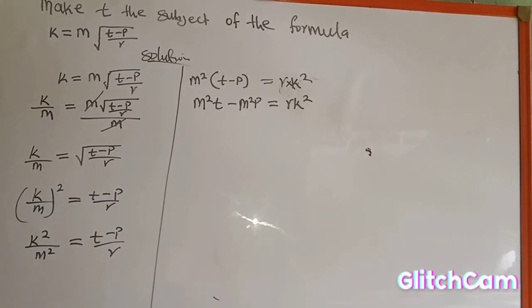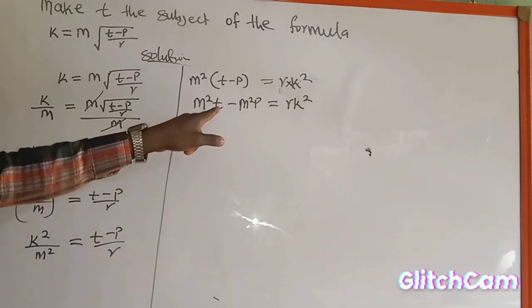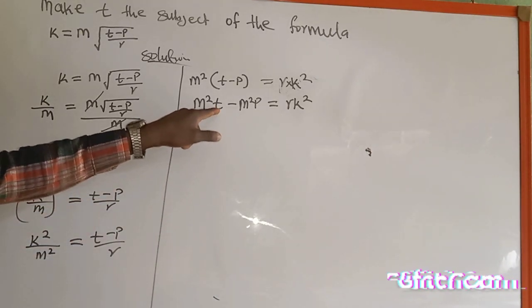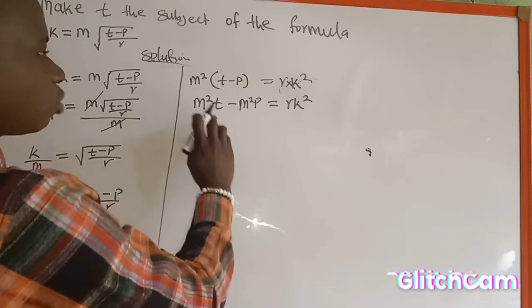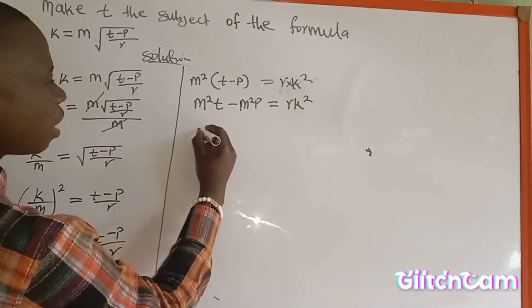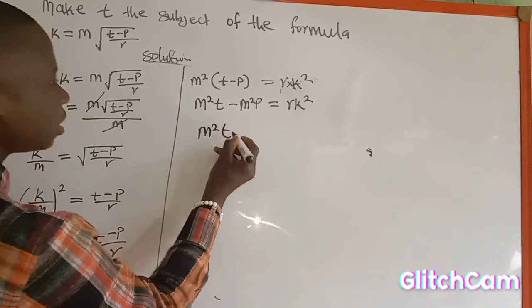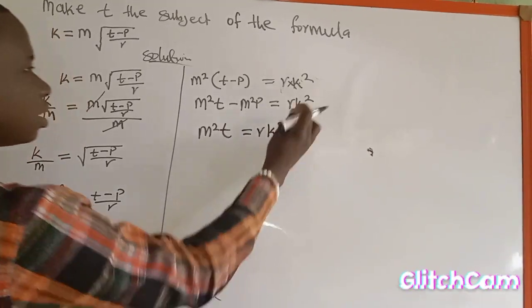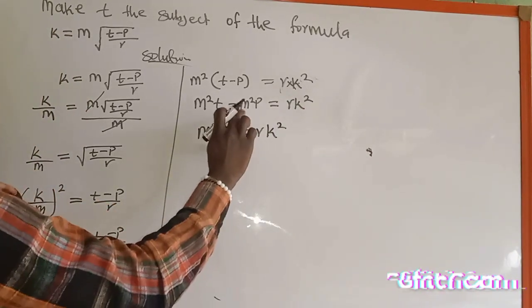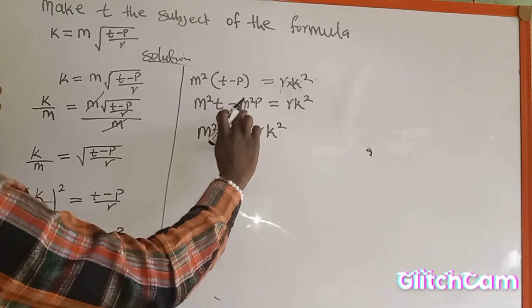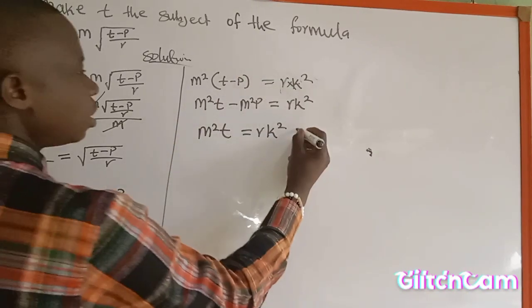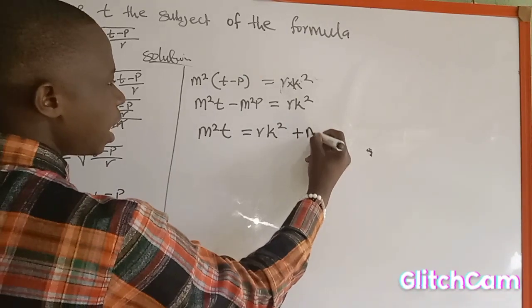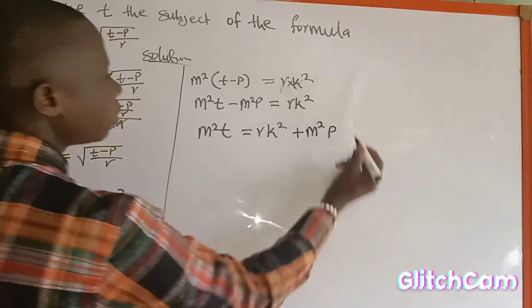So we are going to make t the subject now, and remember this m squared is attached to this t. I have m squared t equal to r k squared, and this minus m squared p is going to cross the equality sign. It will change to positive m squared p.